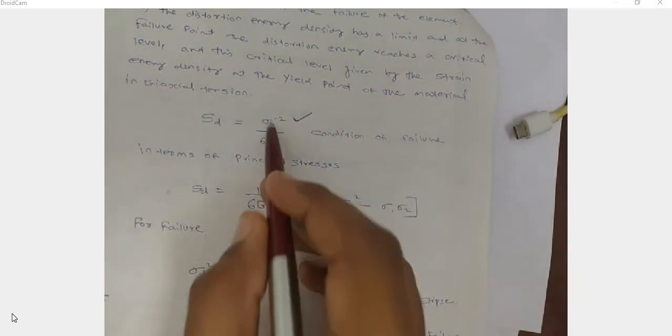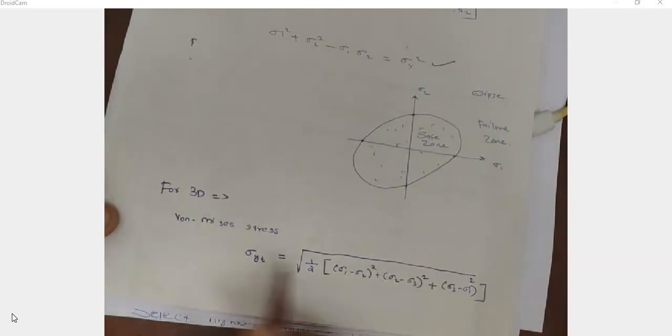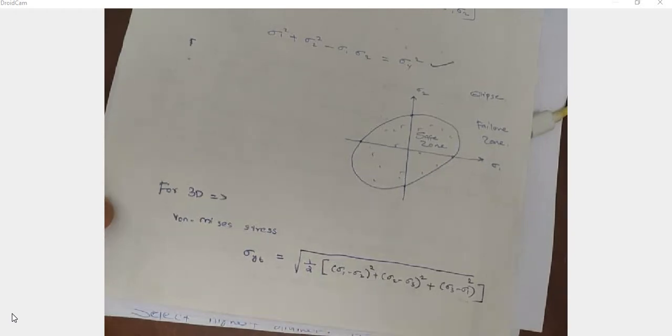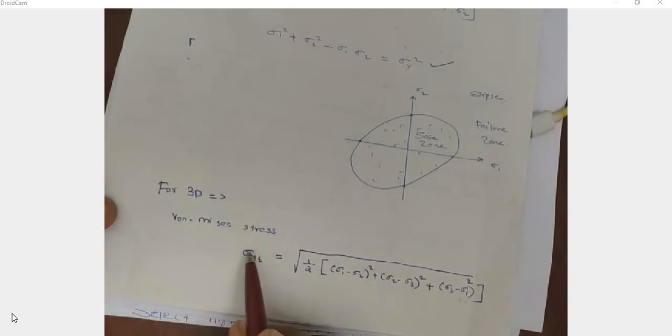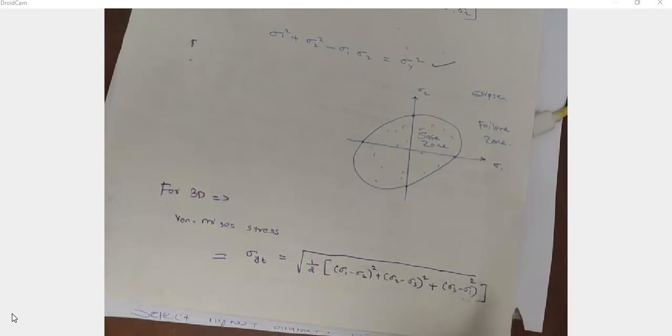For failure, we can equate these two equations. So this is the condition for failure. In the three-dimensional case, the von Mises stress is equal to the root of 1 by 2 into the terms in sigma 1, sigma 2, sigma 3, which are the principal stresses. Using this equation, we can calculate the amount of stress required for failure.